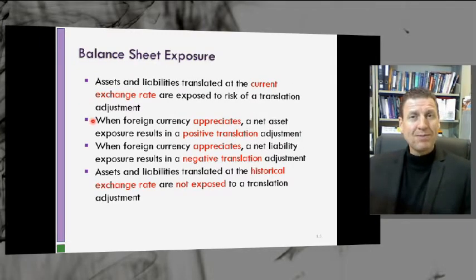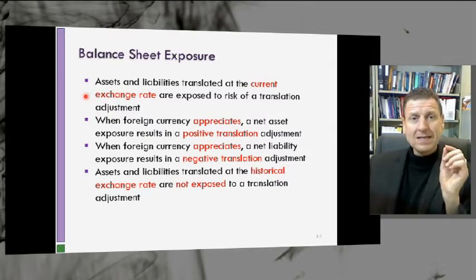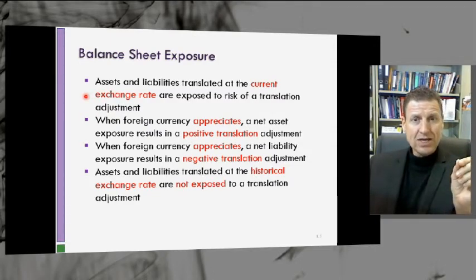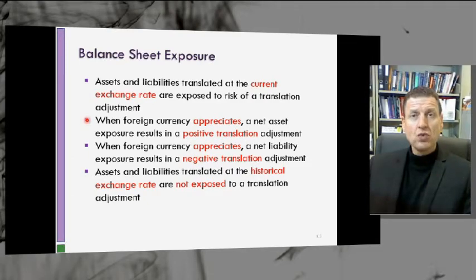So what do we mean by balance sheet exposure? Assets and liabilities translated at the current exchange rate are exposed to the risk of a translation adjustment. So therefore, when a foreign currency appreciates, a net asset exposure results in a positive translation adjustment. So, for example, if you're a US company and you have a subsidiary in China and the yuan appreciates, guess what? You're going to have a positive translation exposure.